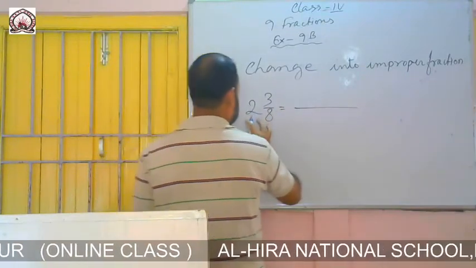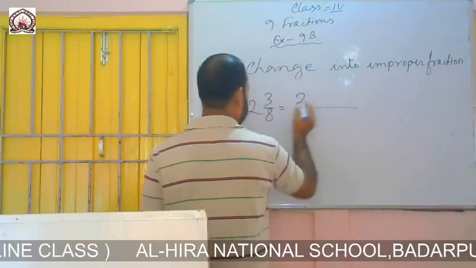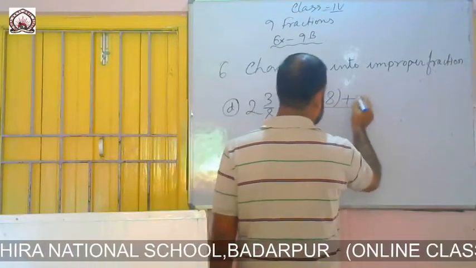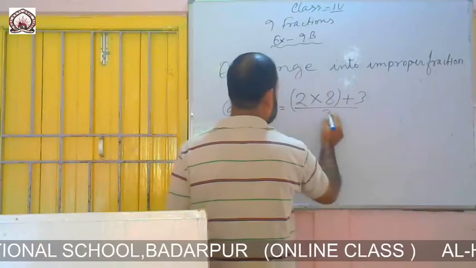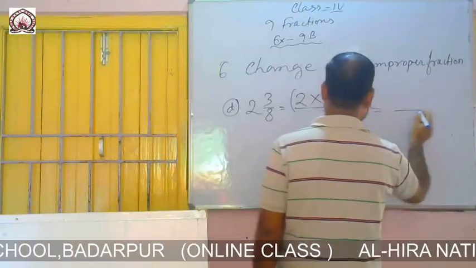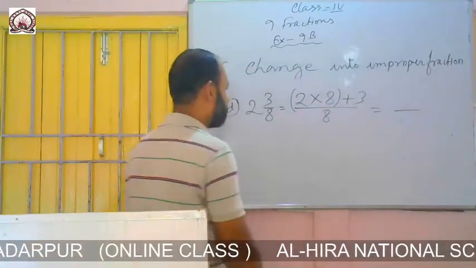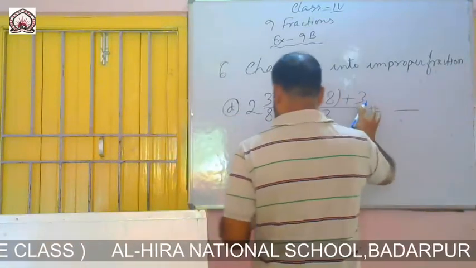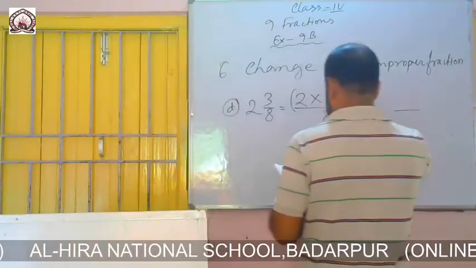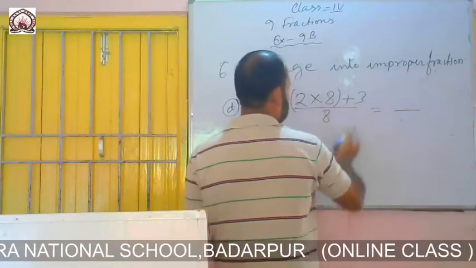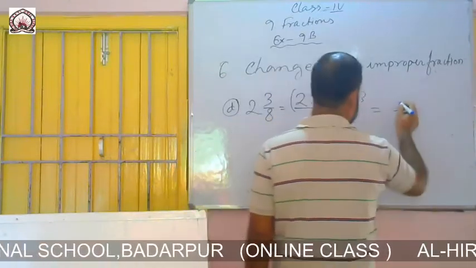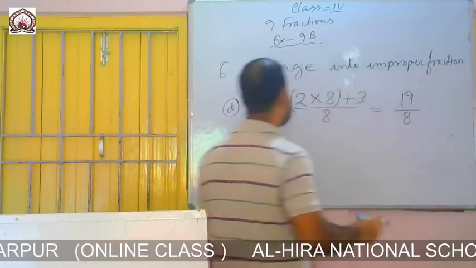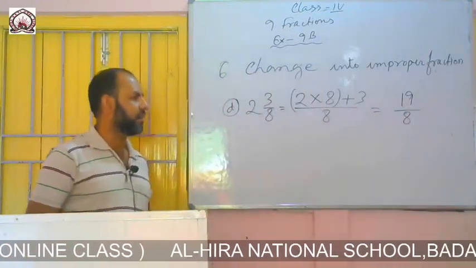Whole number 2 into 8 plus 3 by 8. So 2 8s are 16, 2 8s are 16 plus 3 is 19. 16 plus 3 equal to 19 by 8. The improper fraction is 19 by 8.